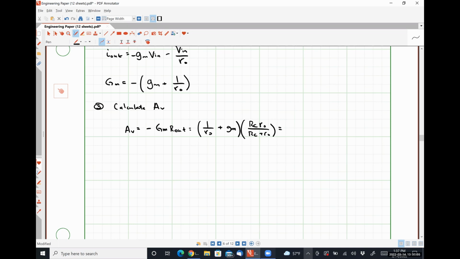And what this gives me is RC over RC plus R naught plus GM RC R naught over RC plus R naught, which is literally the exact same answer that we got when we worked it the hard way a few moments ago.